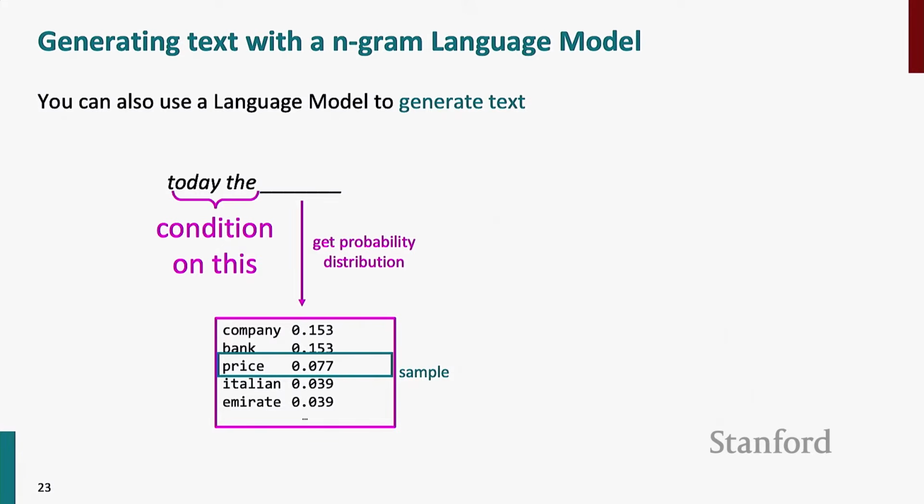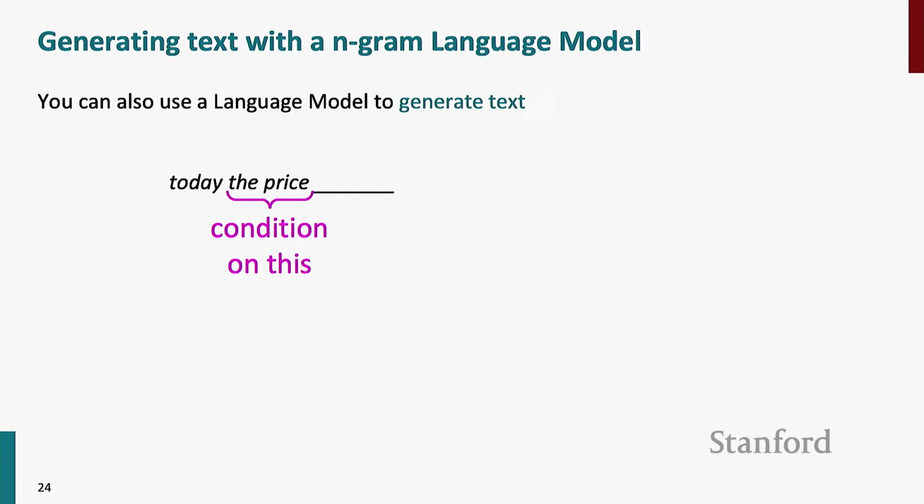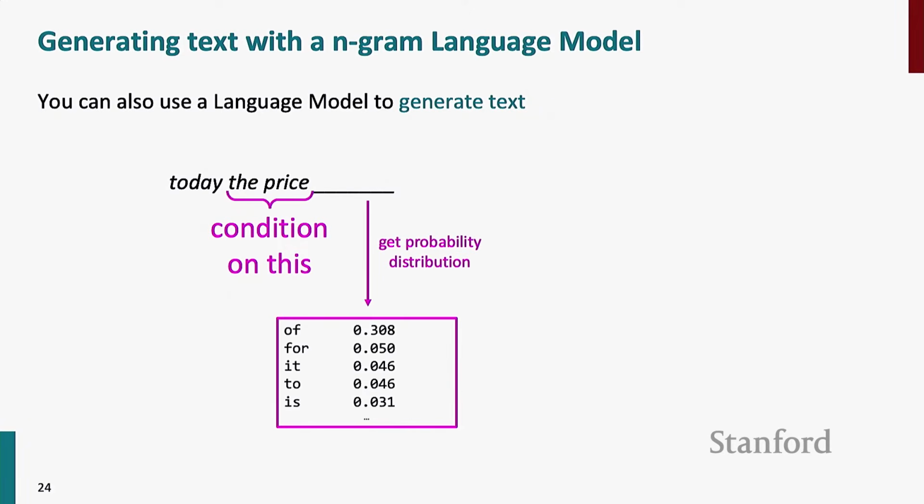So we sample from this distribution, and if we generate as our random number something like 0.35, going down from the top, we'd say, okay, we've sampled the word "price", "today the price". Then we repeat: we condition on that, get a probability distribution of the next word, generate a random number and use it to sample.